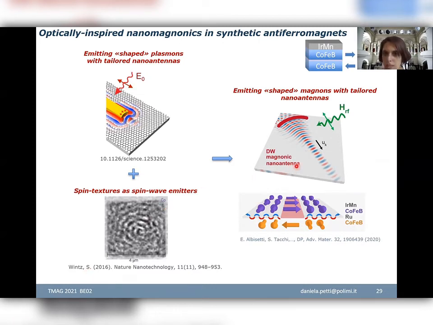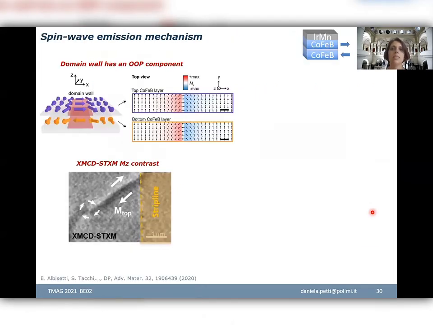So what we have done is to pattern-engineer nanoantennas based on spin texture in order to convert the global Oersted field to the nanoscale and create a shaped wavefront in synthetic antiferromagnets. The idea of the spin wave mechanism is the following. Here on the top left, you can see a simulation of a domain wall that has been patterned in this subsystem.